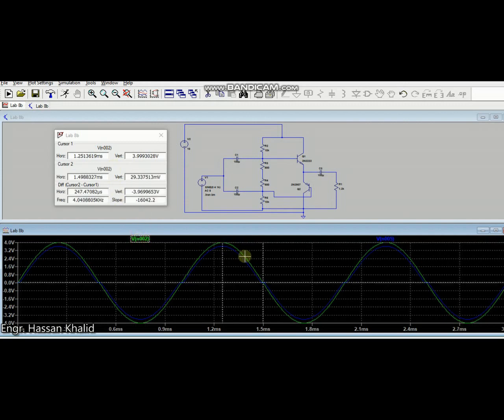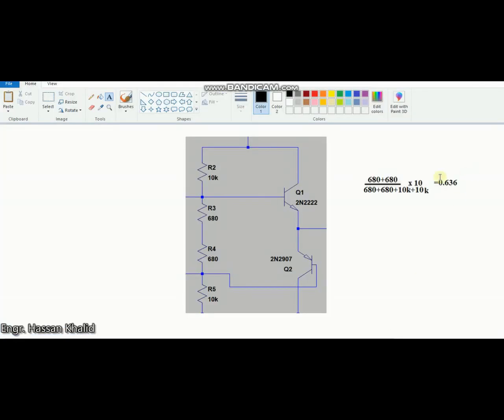Let's get the second cursor and check it out. It should be 0.7, or let's see what the difference is right now. Okay, it says that it has a difference of 0.371 volt. That means the calculation we did over here was correct.